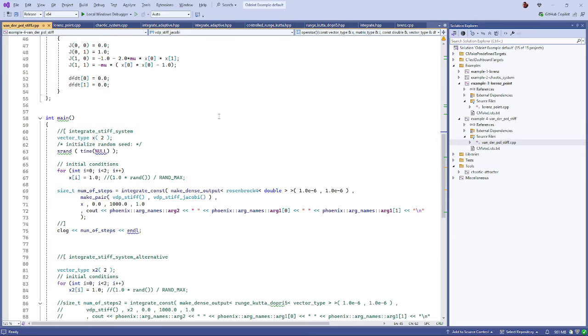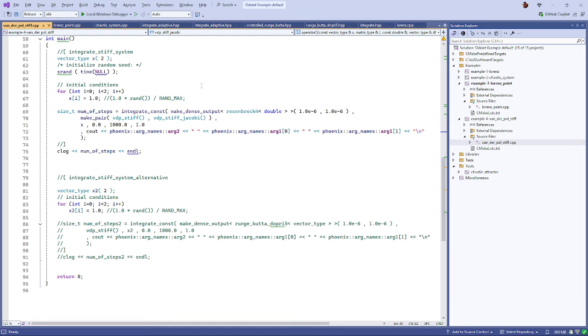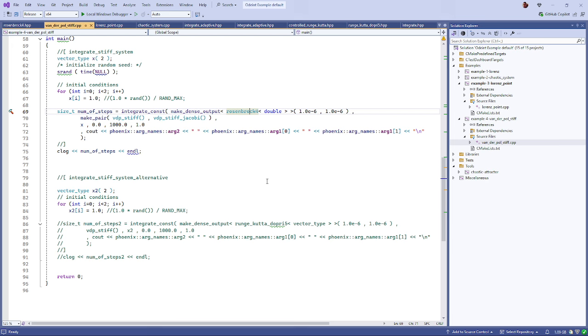But this van der Pol oscillator is an example of a stiff system. So here this Rosenbrock 4 stepper is used because, there's no comment there, but that's an appropriate stepper to use for a stiff system.